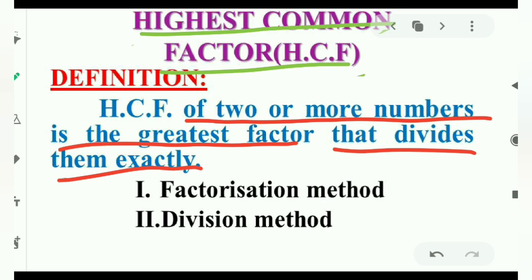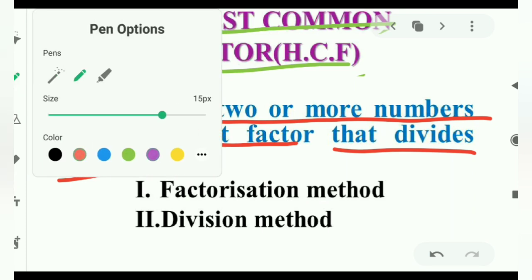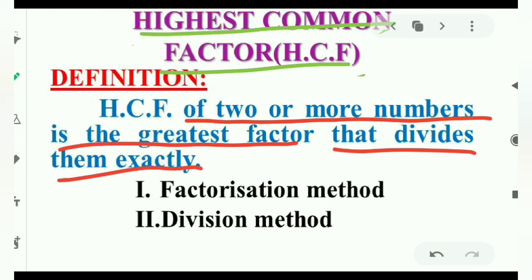Okay, we have two different methods to find this. First method is the factorization method. Second one, the division method. In the factorization method, we will use factors, and in the division method, we will use the division property. We will divide one number by another and repeat that process.